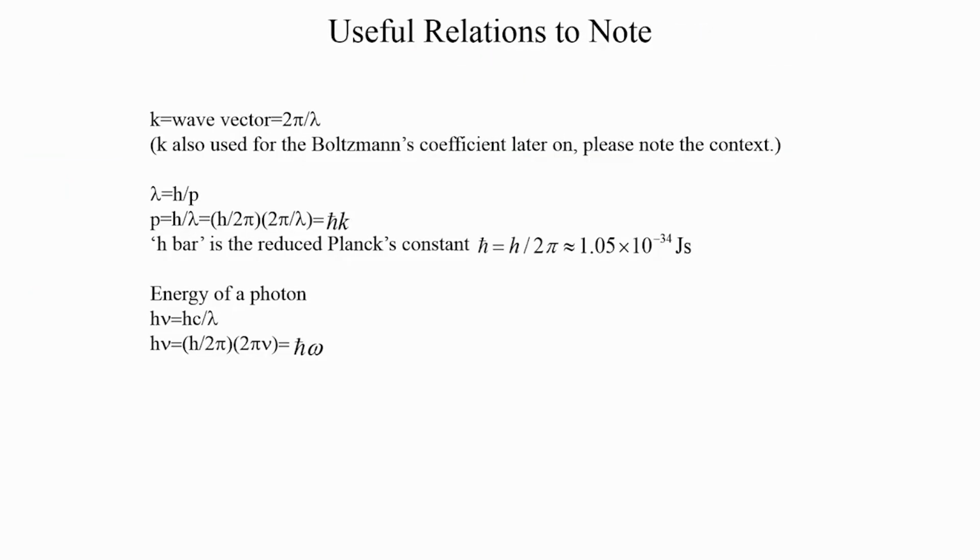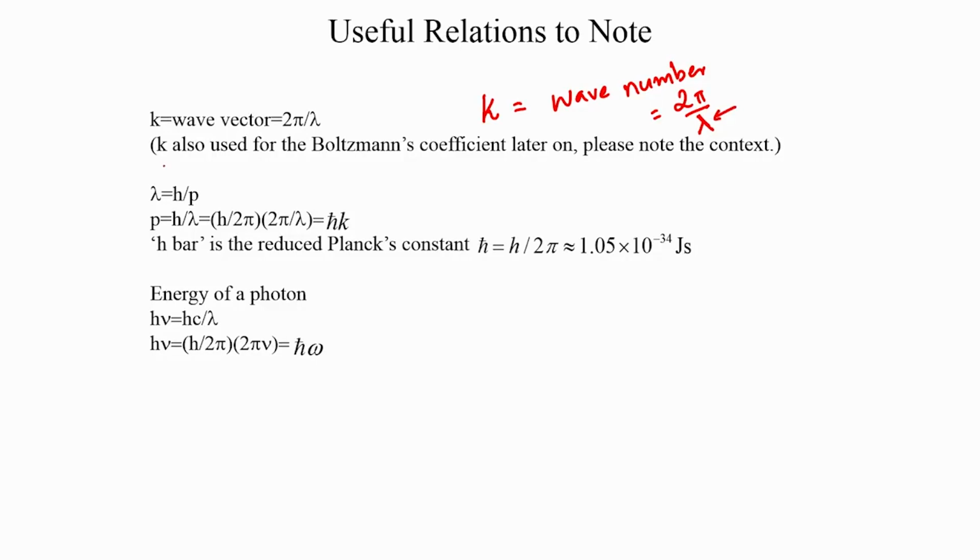So, here I have summarized some useful relations that would serve us well in this course. We have the first variable, which is k, which we will be using in the context of the wave vector or wave number, okay, which is given by 2 pi by lambda. It has got an amplitude, or a magnitude, of 2 pi by lambda, where lambda is the wavelength.